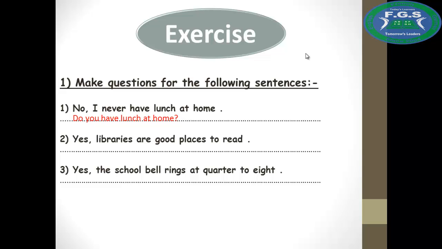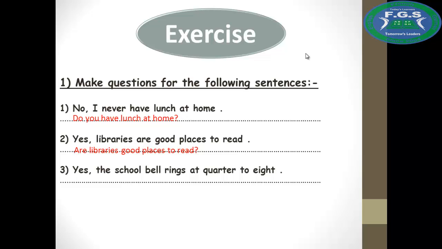Number 2. Yes, libraries are good places to read. Thank you. The answer is, are libraries good places to read? That's okay. Number 3.